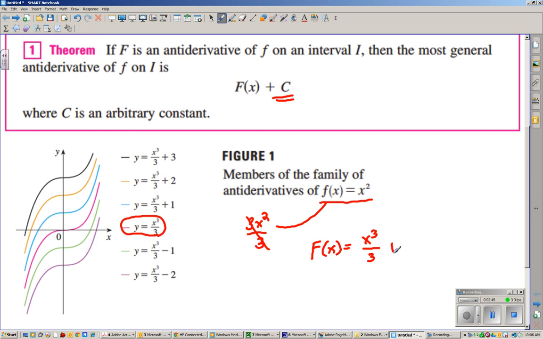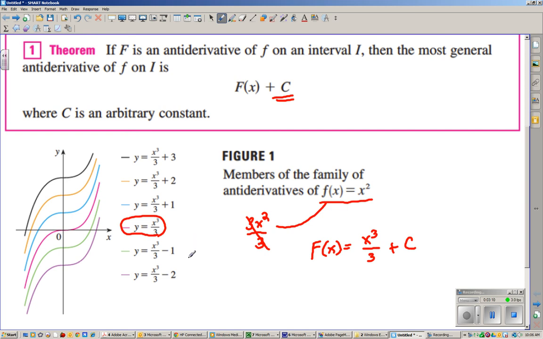And we'd want to add the plus c because we don't know which of these curves brought about the derivative x squared. That is, it could have been any one of these 6. In fact, it could have been any one of an infinite number of curves.